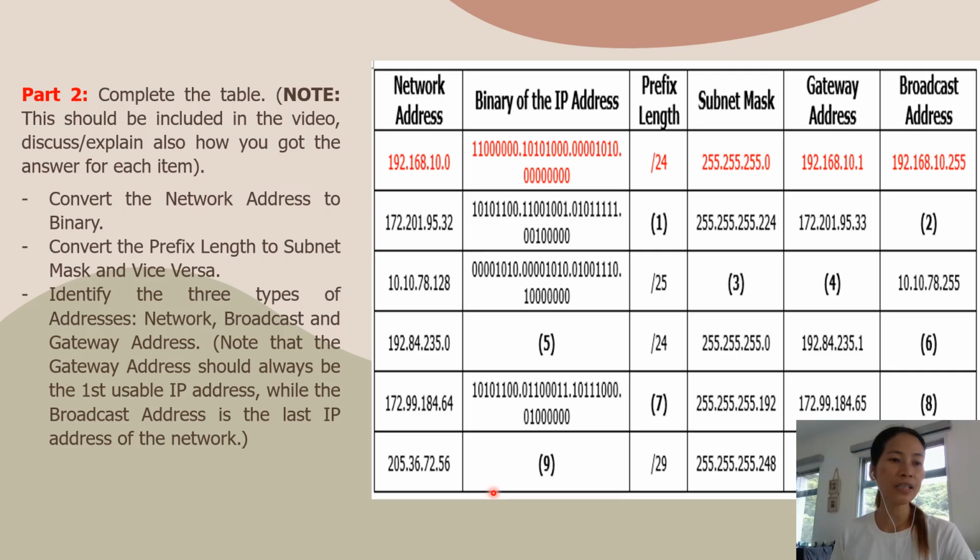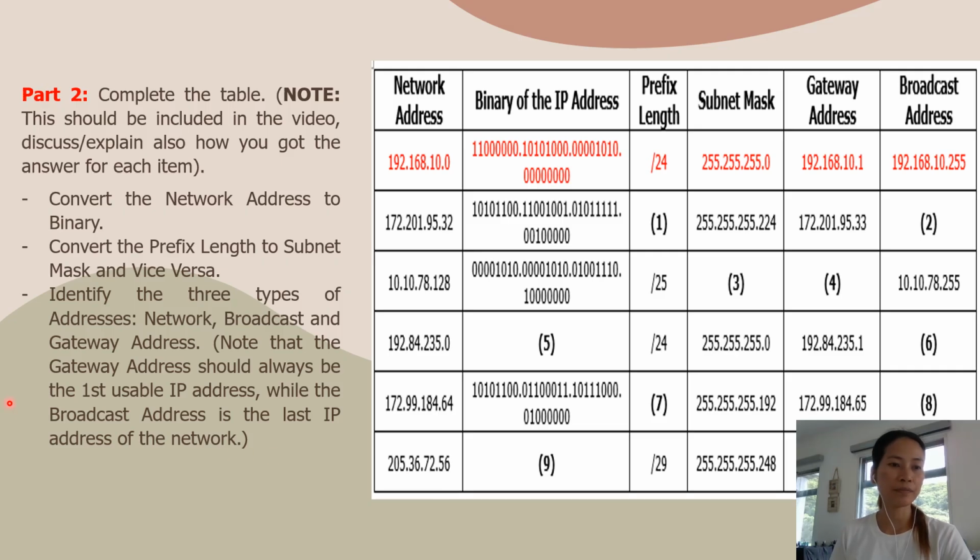Okay, next, it's 72. We can get 72 by adding 64 plus 8. So 64 plus 8 is 72. Therefore, the binary of 72 is 01001000. And then the last part is 56.